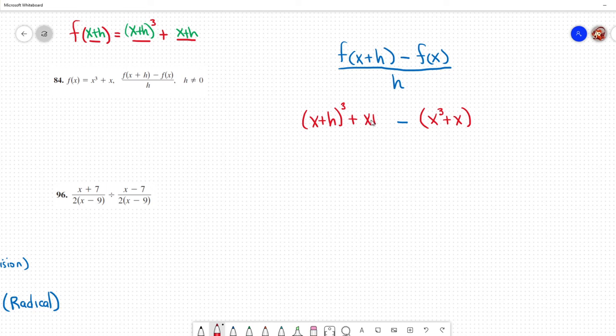So all this, my f of x plus h, minus my f of x, dividing by h. Here's my substitution. That's my setup part. Now we're going to simplify.